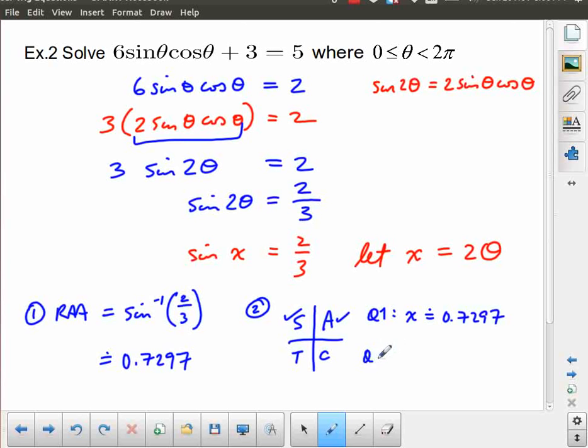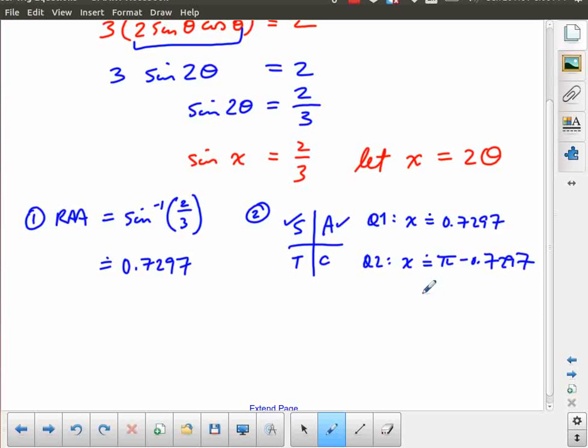And in quadrant 2, x is going to be equal to pi minus 0.7297. And that works out to be pi minus my previous answer, which is approximately 2.4119. And that is for this equation, sine x equals 2/3.